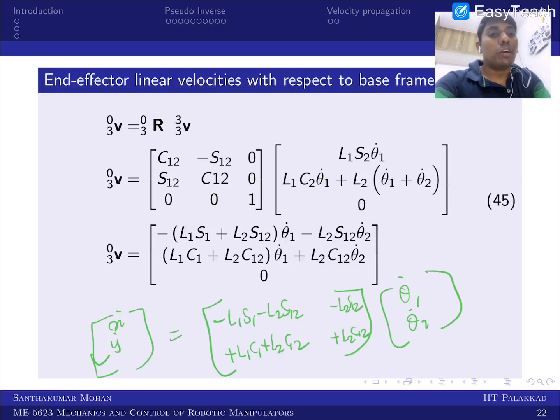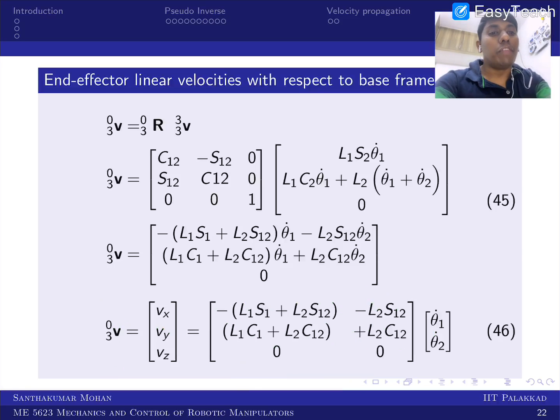Okay. So now you can see this is x dot, this is q dot, and this is J of q, because q is theta 1 and theta 2. This is a function. So this is what we obtain, and this is what you call the Jacobian matrix, and that is what we have seen so far.